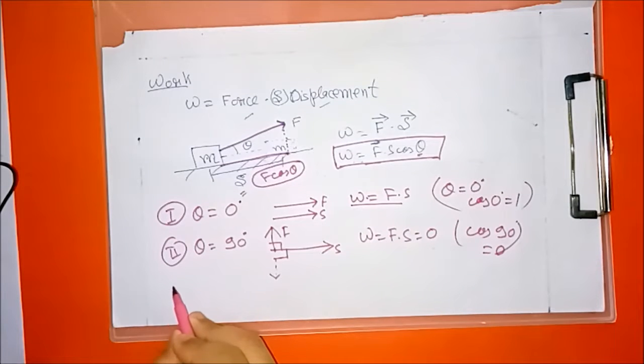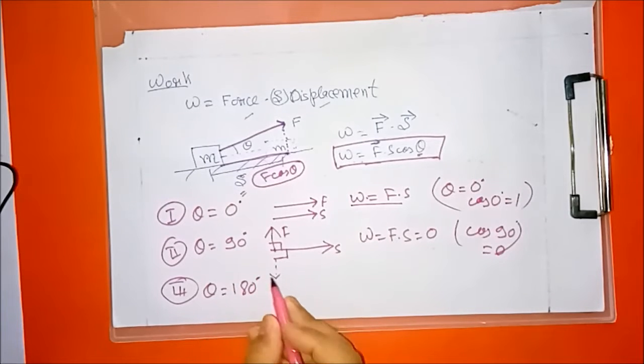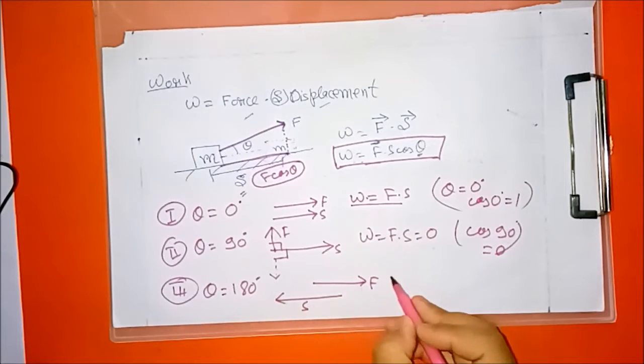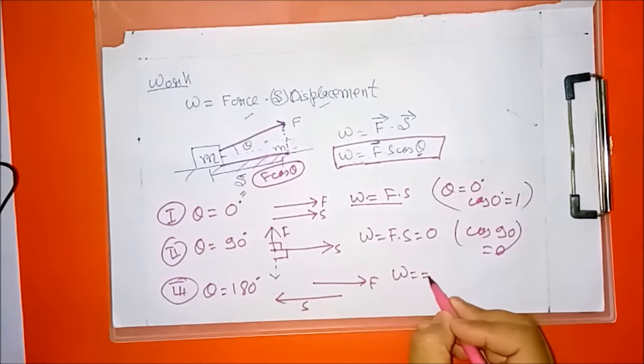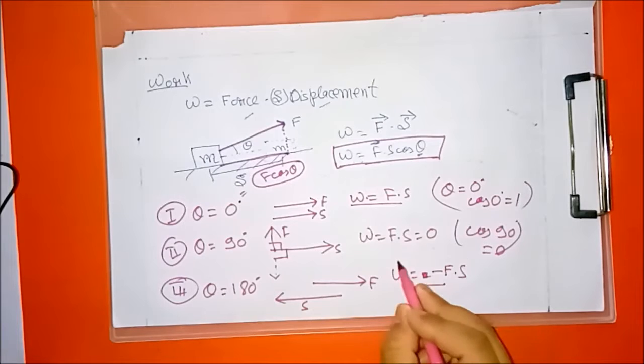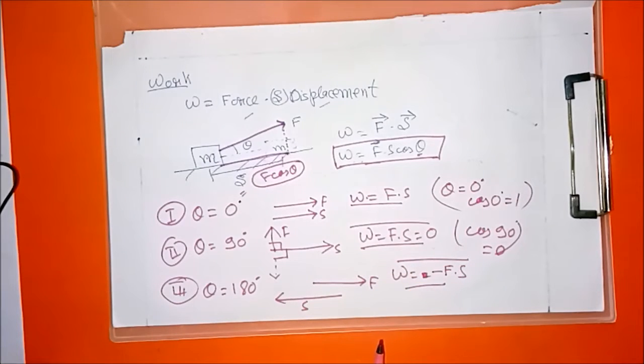The third case is seen when theta is equal to 180 degrees. In this instance, if the force and the displacement are in totally opposite directions, then W is equal to minus F dot S. Now these two statements are quite interesting and peculiar, so let's discuss them in an elaborate manner.